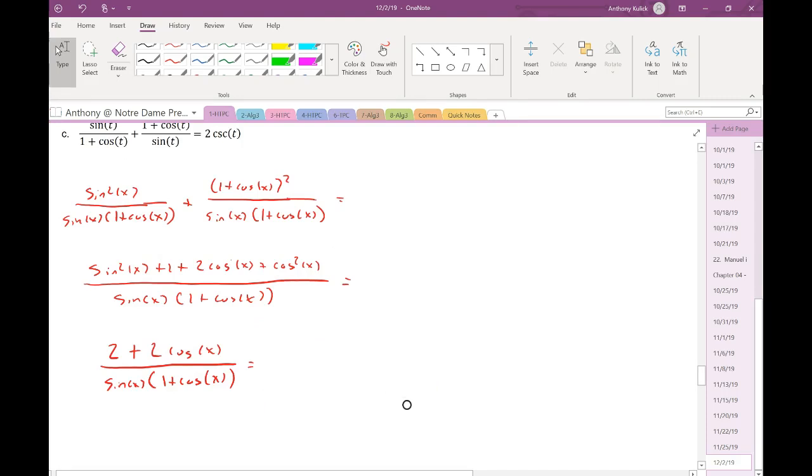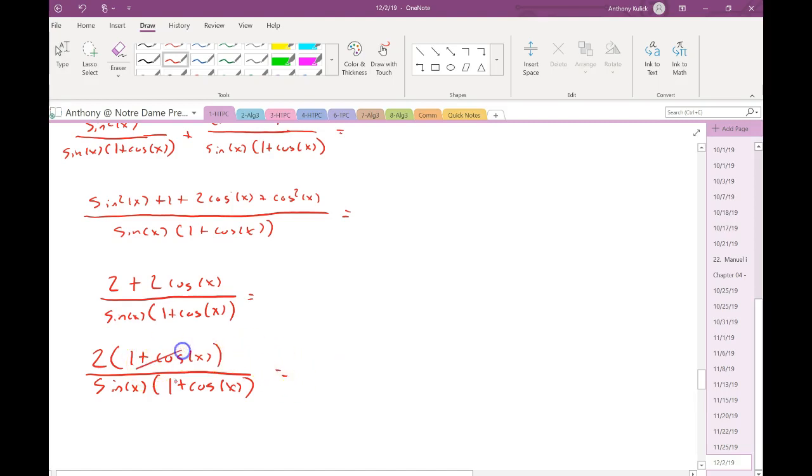Look in the numerator. What do you see? Greatest common factor of 2. And now it's obvious, right? The 1 plus cosines cancel.